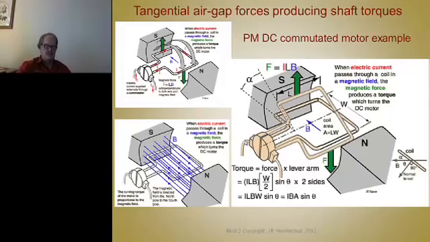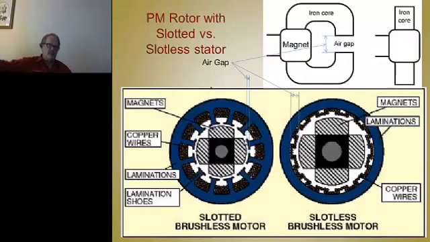Those conductors are wrapped around a soft iron pole piece, a piece that looks like this. And these two teeth here represent the pole faces of this air gap.